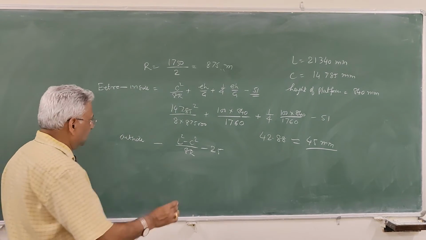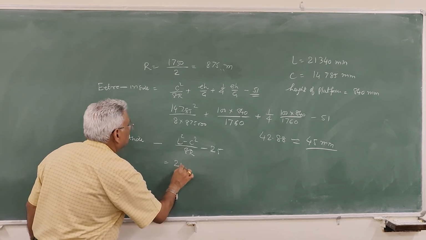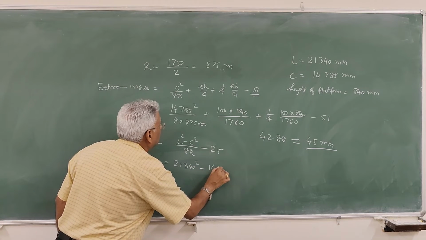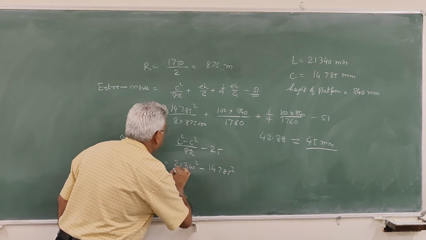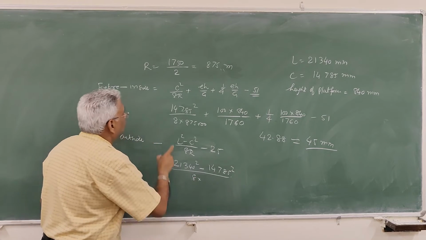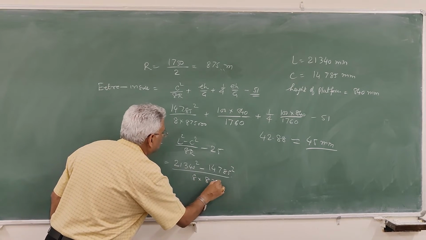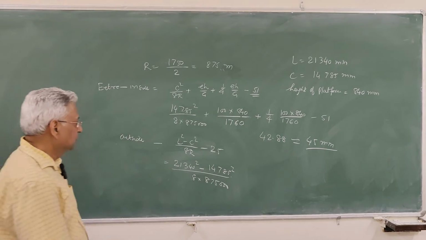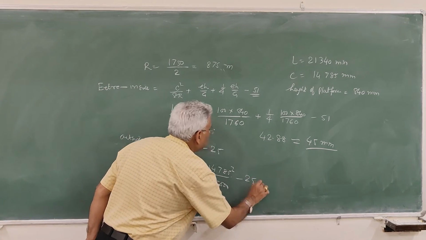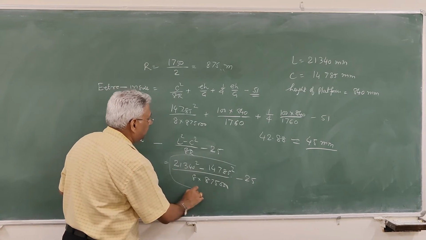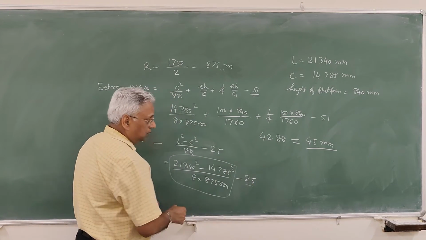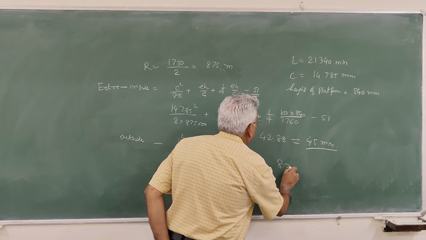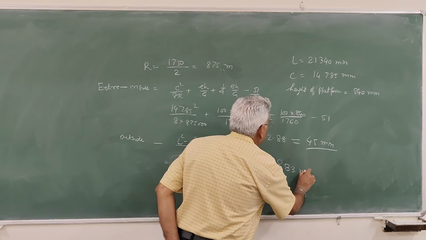This value is L, 21,340 square minus 14,785 square upon 8 into R, 875,000 millimeter, minus 25, and this value is 33.85 minus 25, that is 8.83 millimeter.